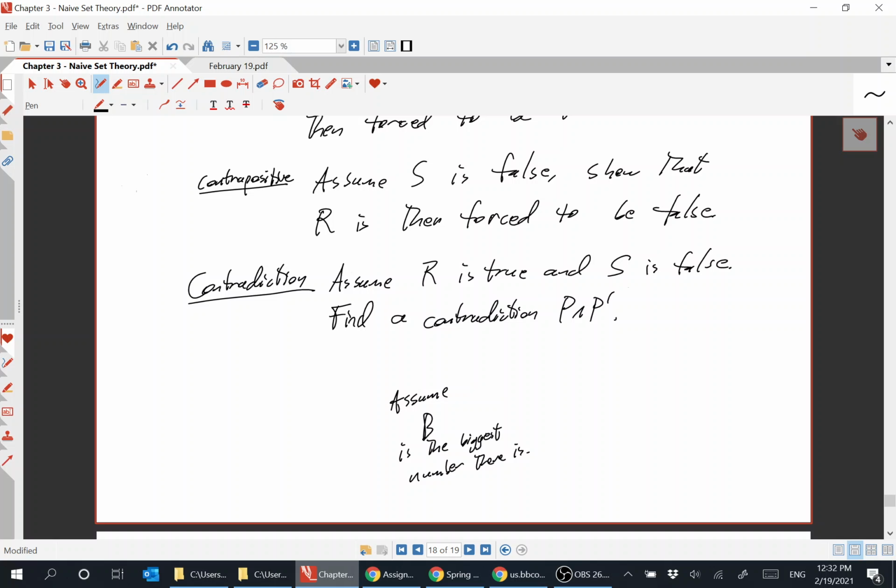But you're hitting on it, the right idea. What's bigger than B? B is a number. What's bigger than B? B plus 1. Yeah. B plus 1 is a number, right? And B plus 1 is bigger than B, right? But B is the biggest. So that's the contradiction right there.